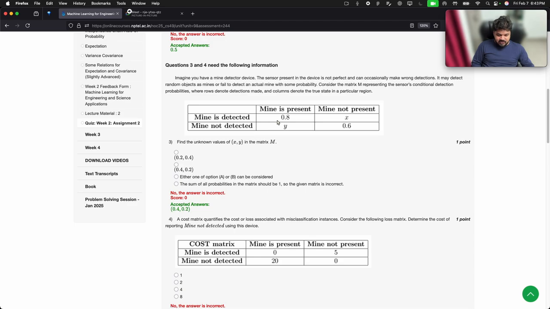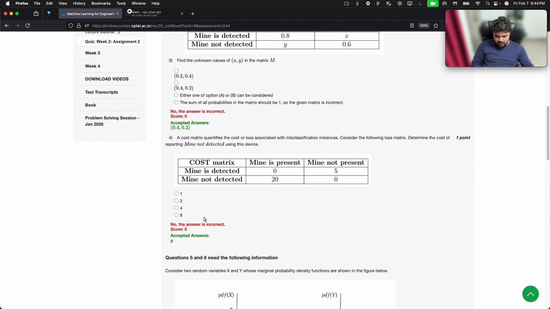If a mine is detected, y becomes 0.2 and x becomes 0.4. Sorry, I put it here like that only. Determine the cost of mine not detected. Yes, that should be 4 only. It should not be 8.